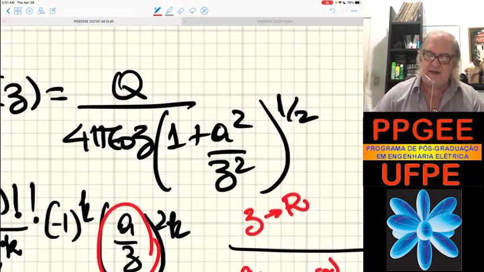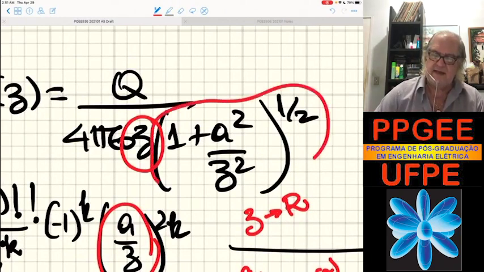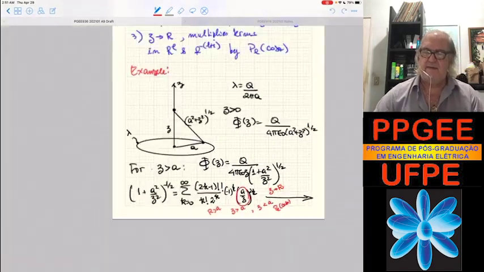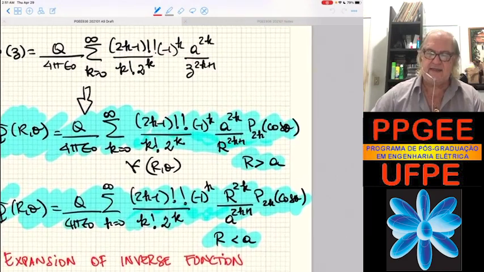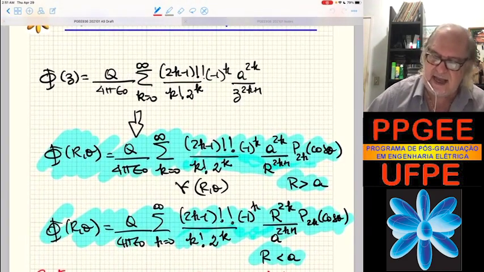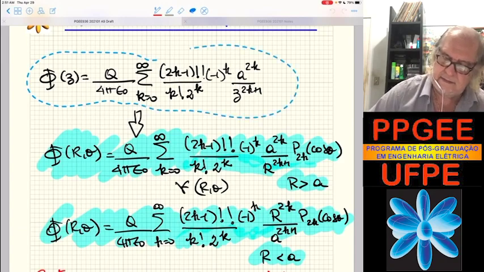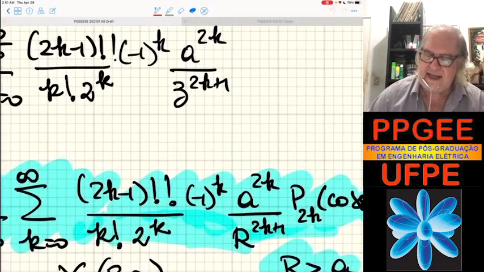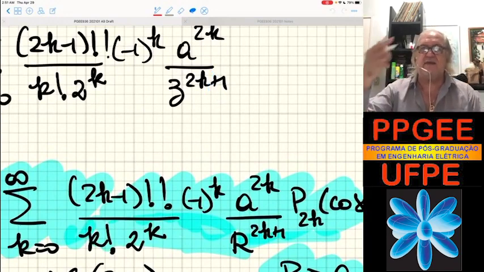So notice that when I did that, I put z outside here, right? So we have that expansion, and I have to multiply by z here, okay? So that's the result we get. I mean, that's the potential on the z-axis expanded. Notice that you have z to the plus 1 because we had the other z outside.